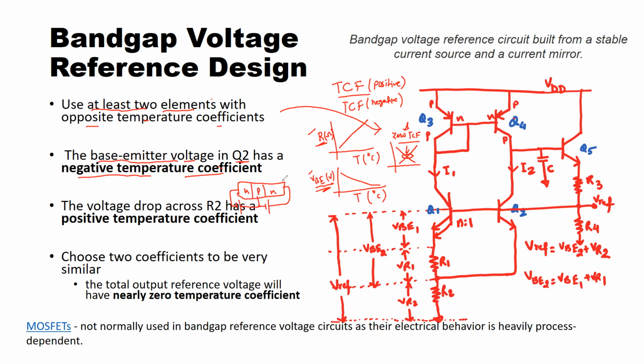That means they are working linearly, and the base-emitter voltage, which is this junction right here, has a negative temperature coefficient indicated by this graph. Another element, the resistor, has a positive temperature coefficient indicated by this graph.